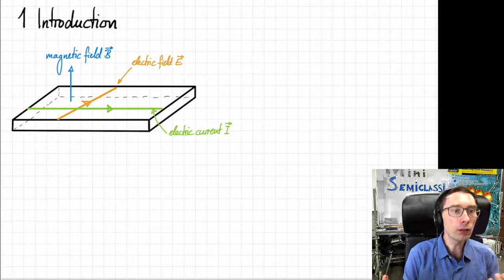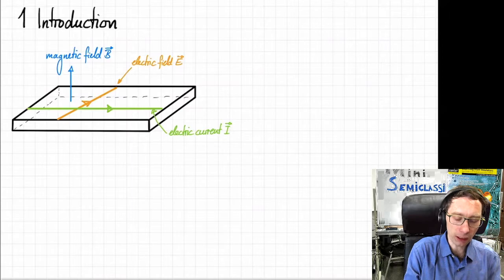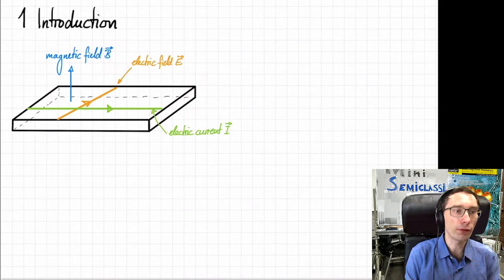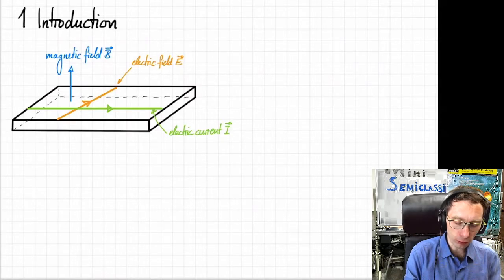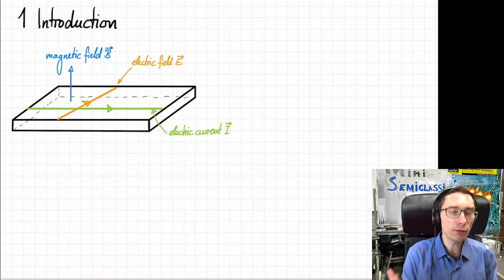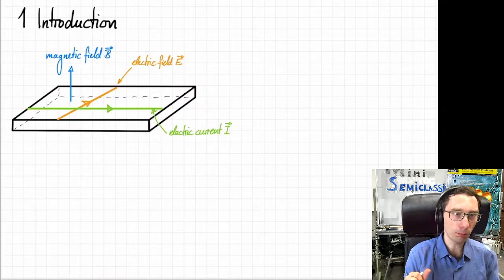In addition, you can have other external parameters like the temperature or a strain or a stress, but also commonly a magnetic field that changes some of the conduction properties of the sample. So what we would like to know now is, starting from a microscopic model, can we infer or predict the conductivity properties of a material?